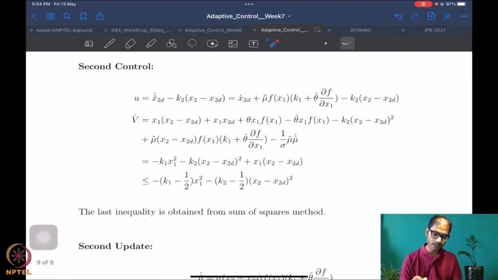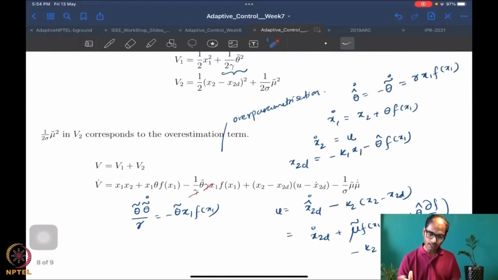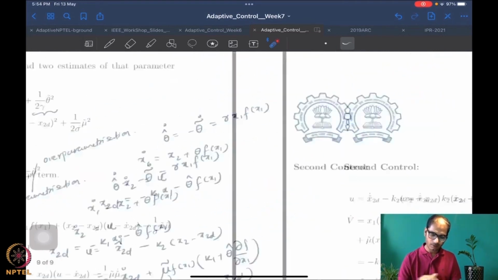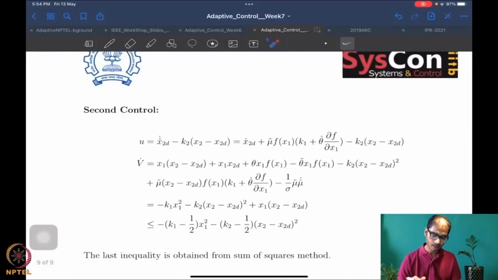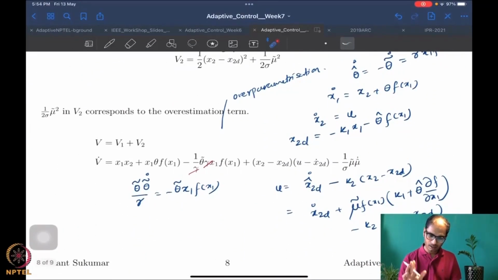So what you get is, first, I write x2 in terms of the x2 desired. Not x2 in terms of the x2 desired, but in terms of the error.